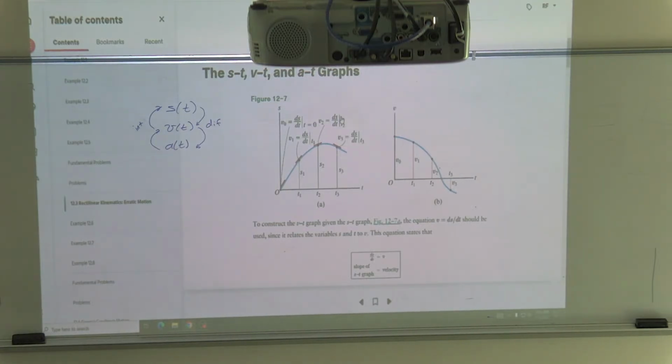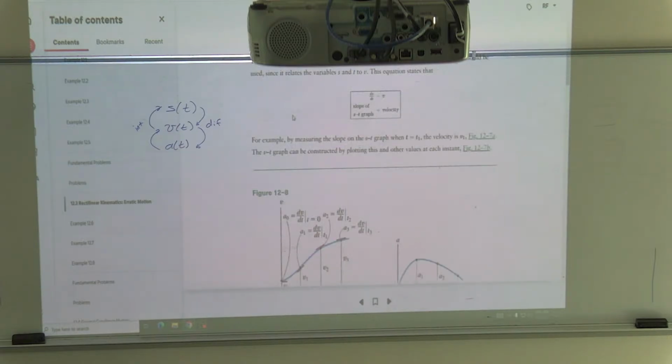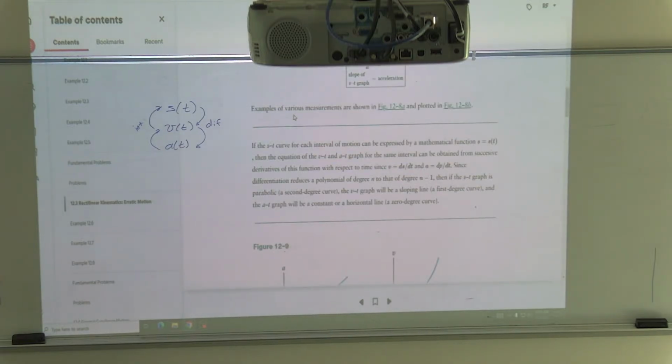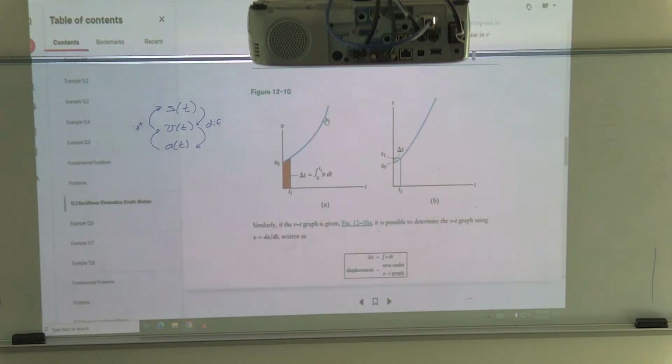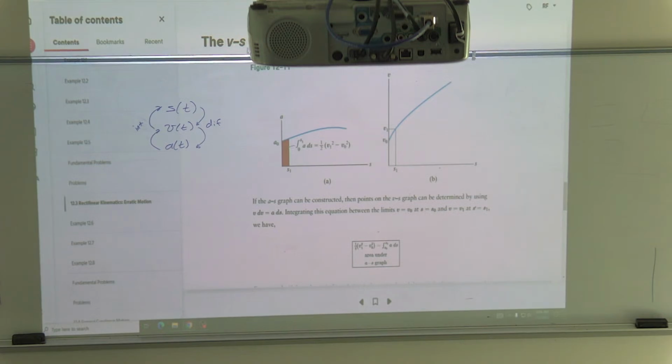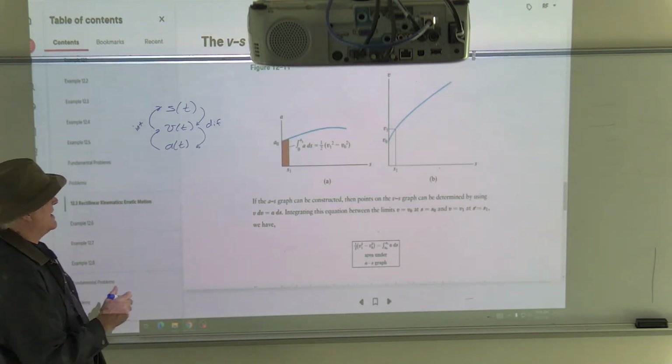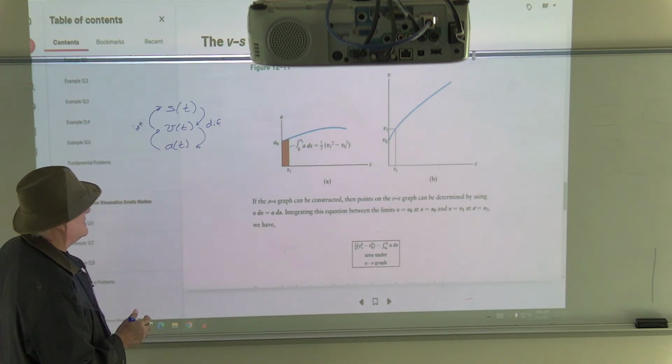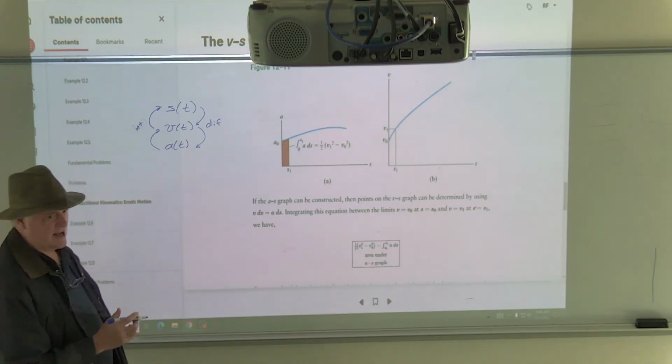So this is basically what we talked about the other day, but you'll notice he goes in and talks a little bit about integrating. Oh, and we need to talk about this too. This is something interesting that comes about. Let's go ahead and do that. That was something I did not purposely skip, I just forgot.